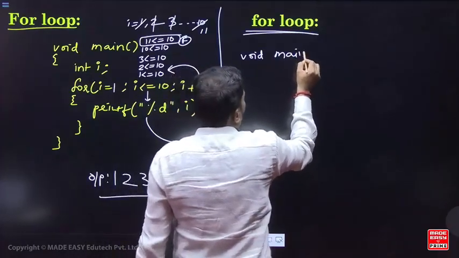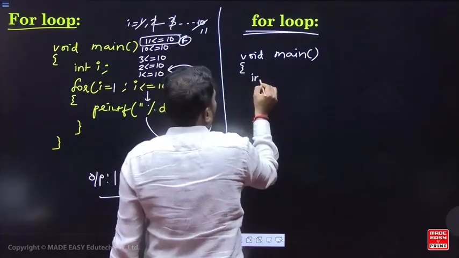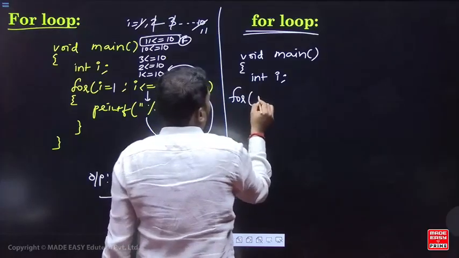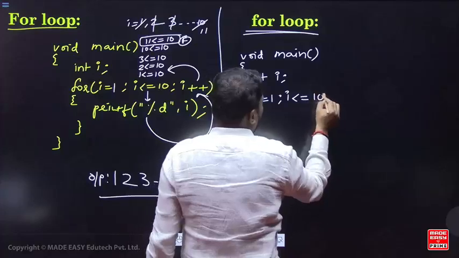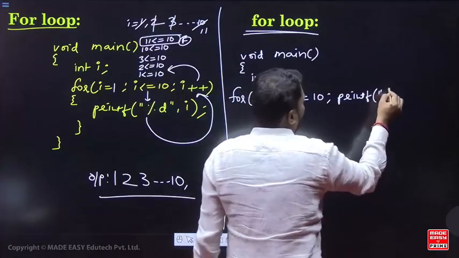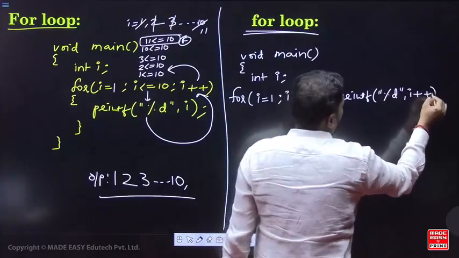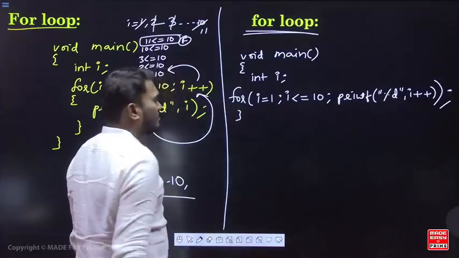So void main, integer I. I am writing the for loop for I equal to 1, I less than or equal to 10, and here printf percent d, I plus plus, and directly semicolon. So just only one line.